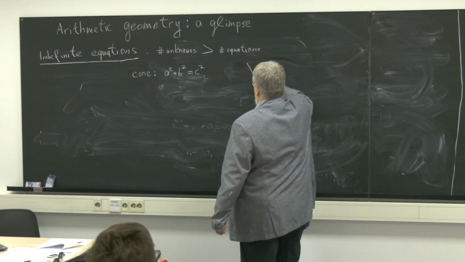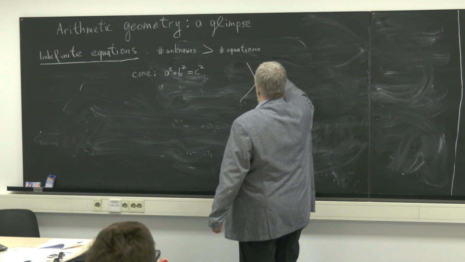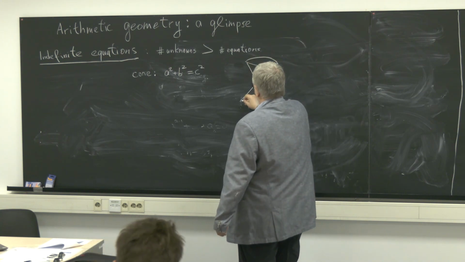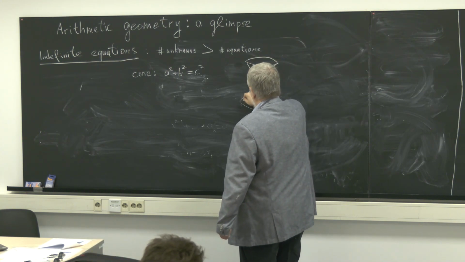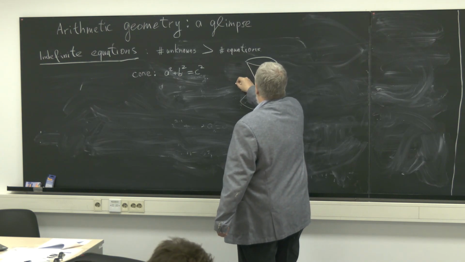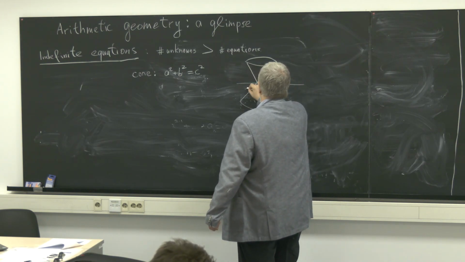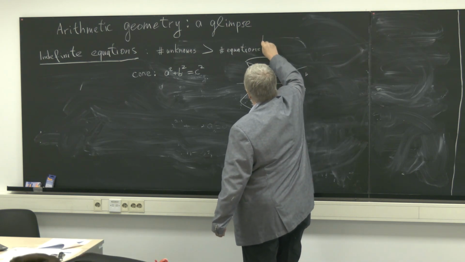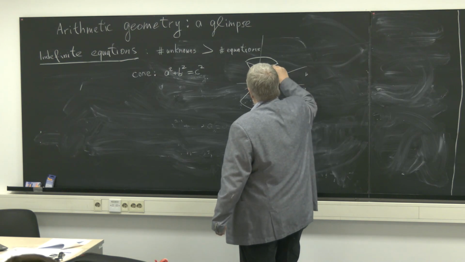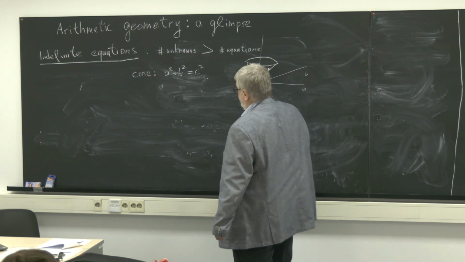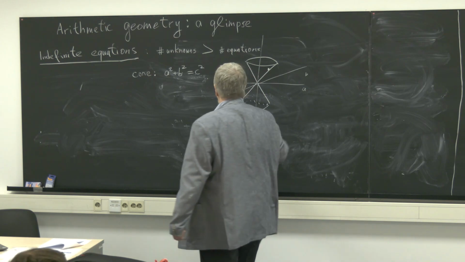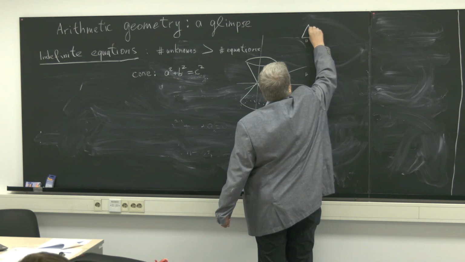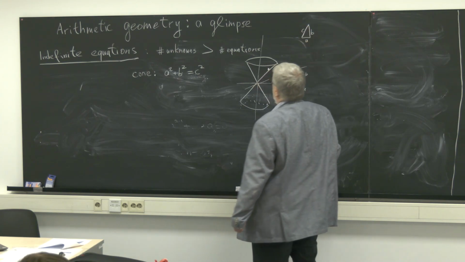Here I hope I'll be able to draw something and you will believe that I'm drawing the cone, the straight cone with these axes A, B, C. The choice of the letters, of course, is motivated by the Pythagorean triangle.